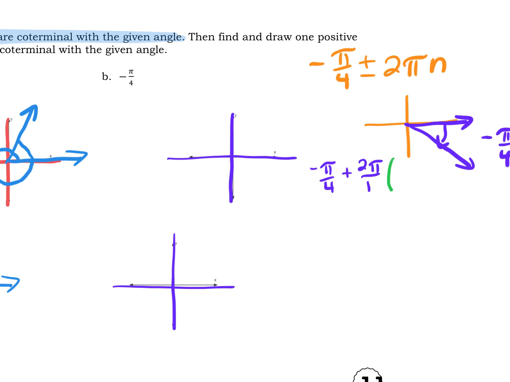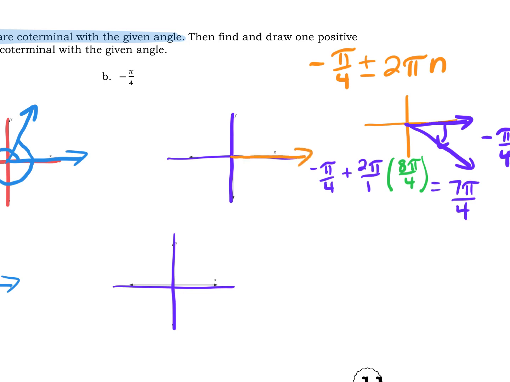So if I multiply by 4, which is my common denominator, then I get 8 pi over 4. That's equivalent to 2 pi, right? So if I add that, 8 pi over 4 and a negative 1 pi over 4, we get 7 pi over 4.